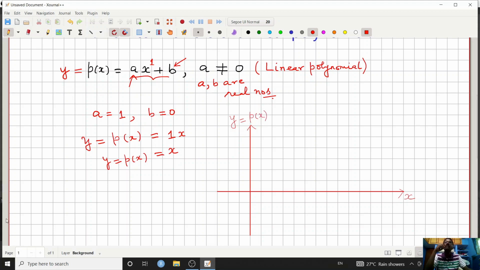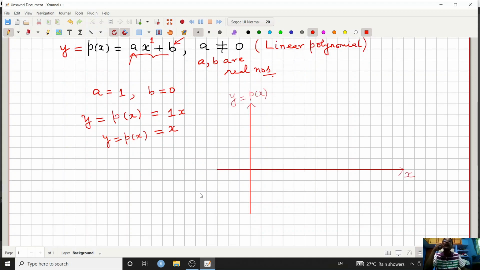So this is what we have. From here we have y is equal to x. So the polynomial equation now reduces to y is equal to x, or you can write it as p of x is equal to x. In any manner you can write.